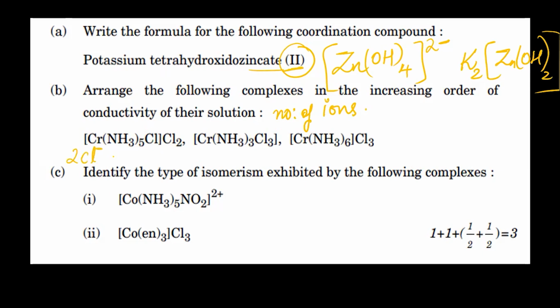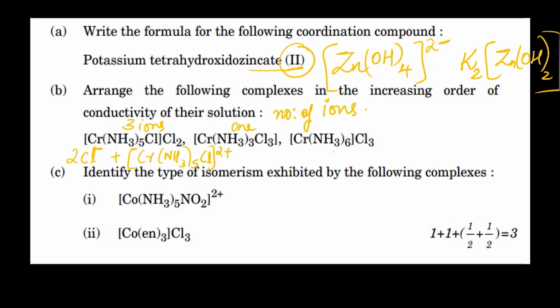So in total, 3 ions. Here there are no counter ions outside the square bracket, so there is only one.